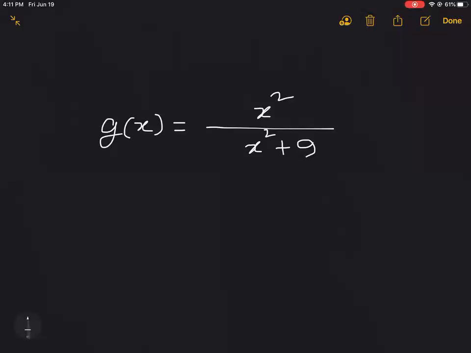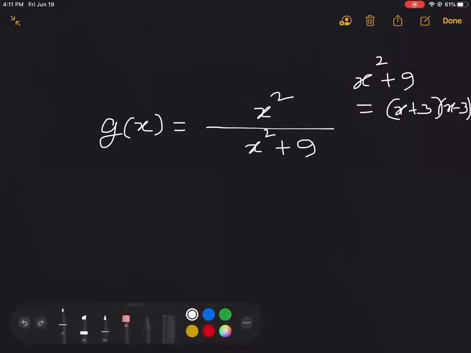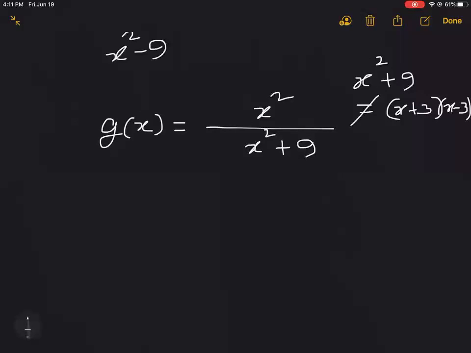Good try, but you can't really rewrite x squared plus 9 as x plus 3 and x minus 3. You can't really rewrite it, sorry, because it would have been x squared minus 9.